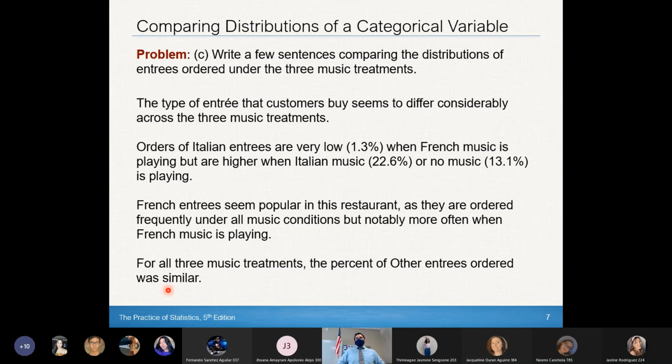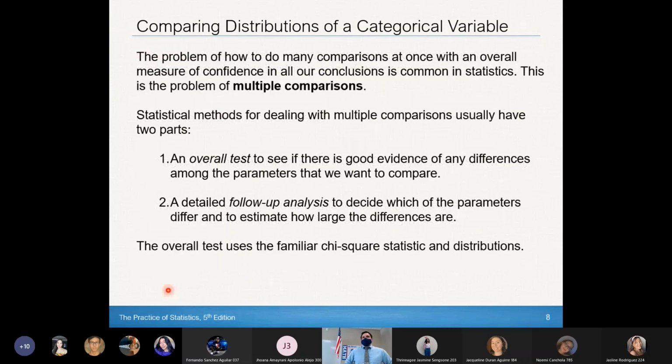So we've done just a preliminary comparison using our two-way table and comparing the distributions. The problem of how to do many comparisons at once with an overall measure of confidence in all our conclusions is common in statistics. This is a problem of multiple comparisons.